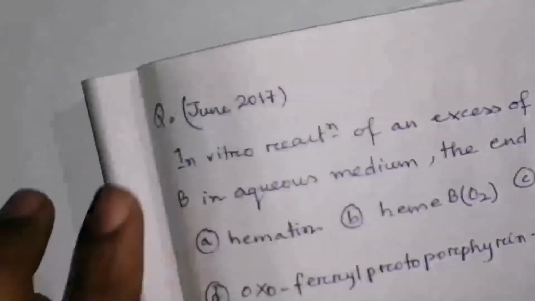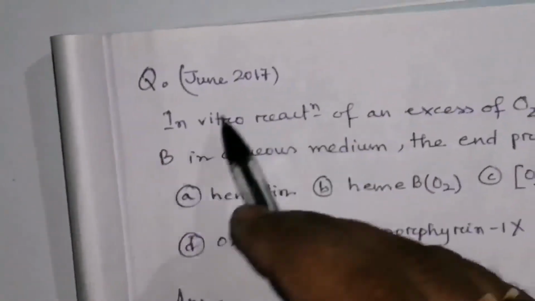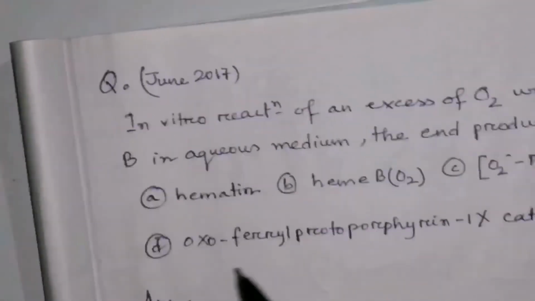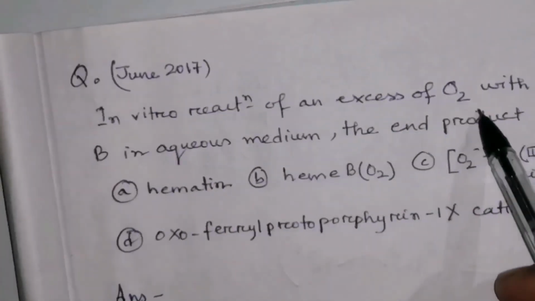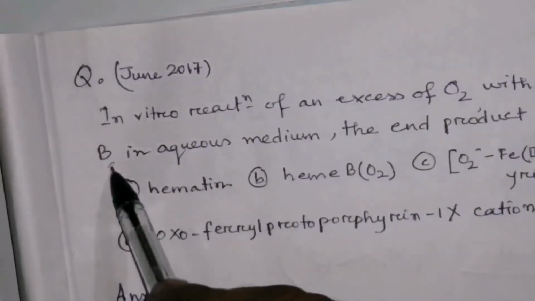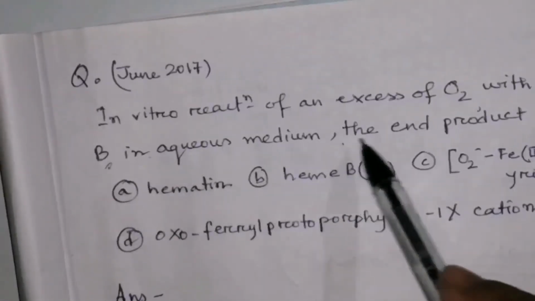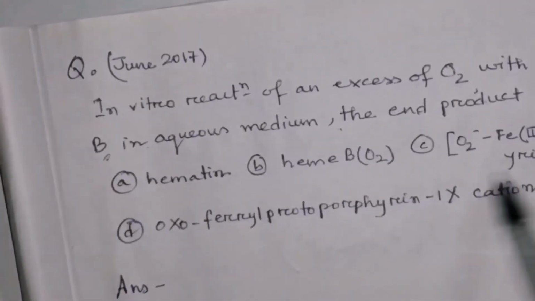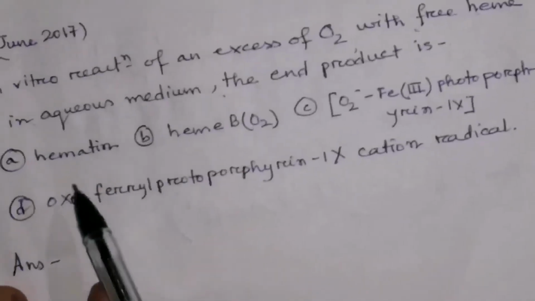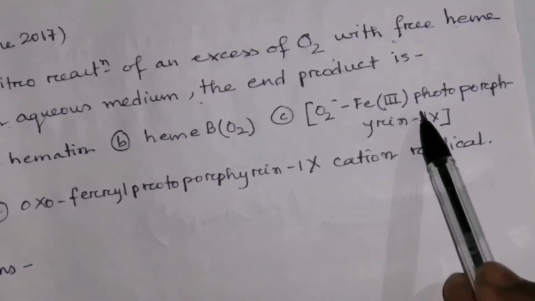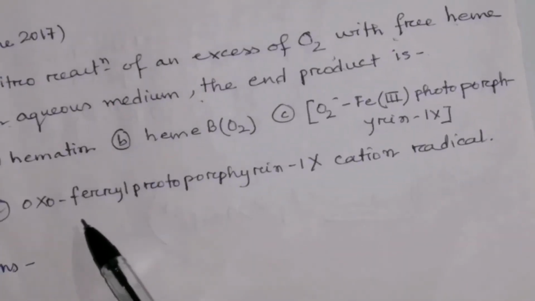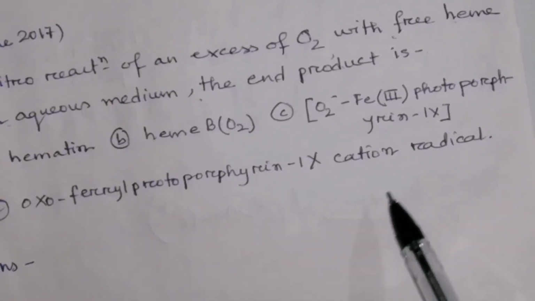Next, there is one more question from the June 2017 exam. It says that in vitro reaction of an excess of O2 with free heme B in aqueous medium, the end product is, so these are the options. You can see this is hematin, heme BO2, superoxide iron 3 protoporphyrin, oxoferryl protoporphyrin cation radical.